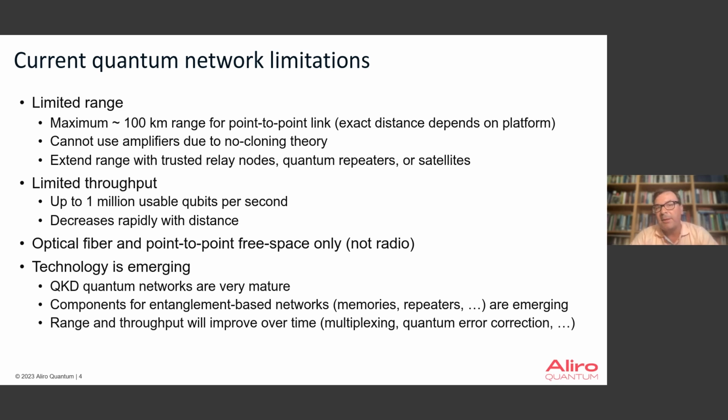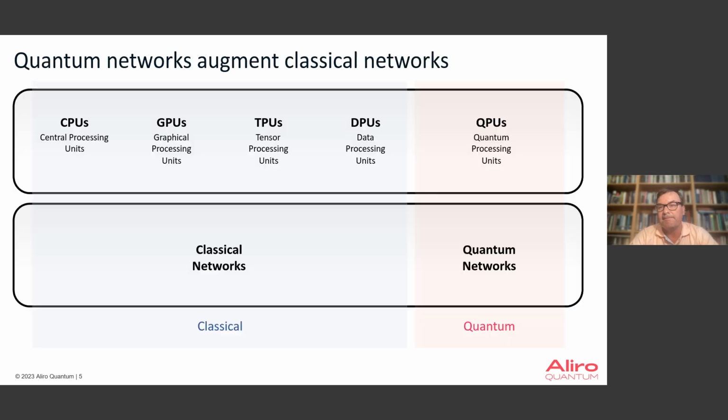The components that we need for the next generation of general-purpose entanglement-based quantum networks are just now being commercialized. That includes things like quantum memories, transducers, and quantum repeaters. The range, the speed, and the cost of quantum networks will improve over time as a result of further developments in things like multimode quantum memories, quantum error correction, integrated photonics, and other technologies.